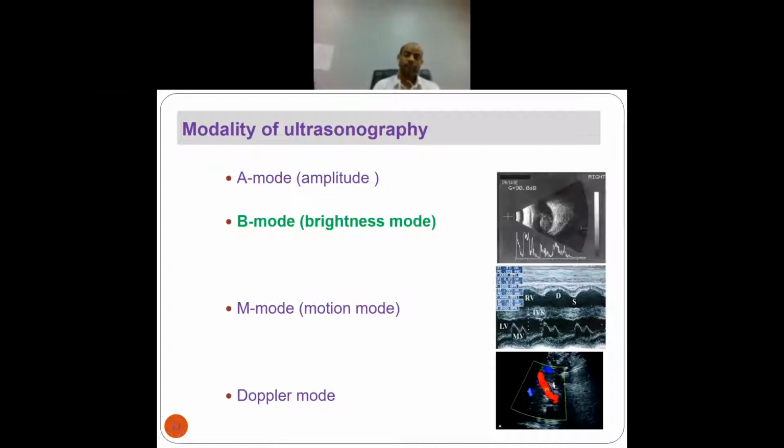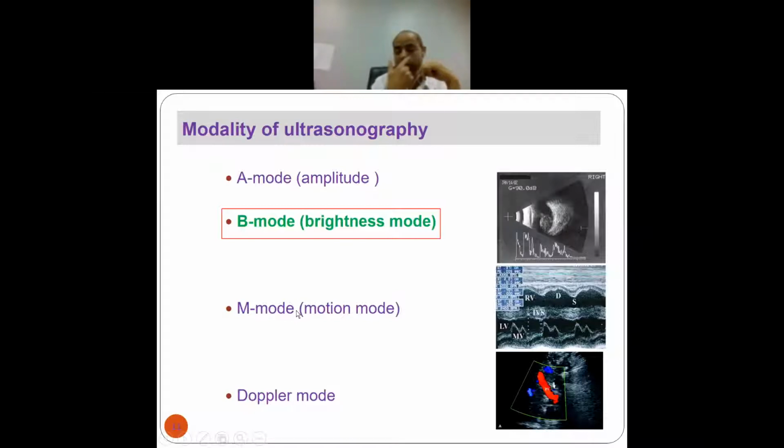The other thing is the modality. As far as the modality of the ultrasound is concerned, we generally have 4 different types: the A mode, which is amplitude, the B mode, which is a brightness modality, the M mode, which is a motion modality, and the Doppler modality.